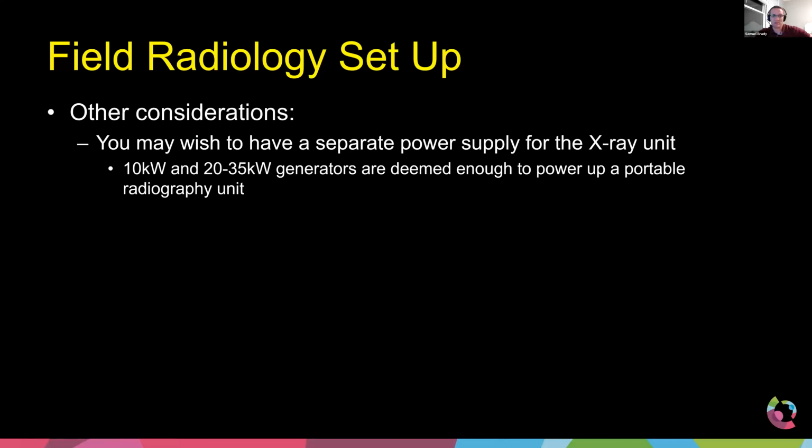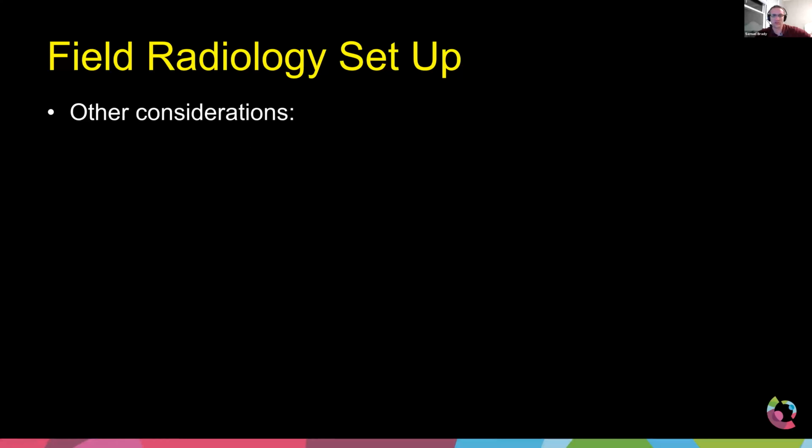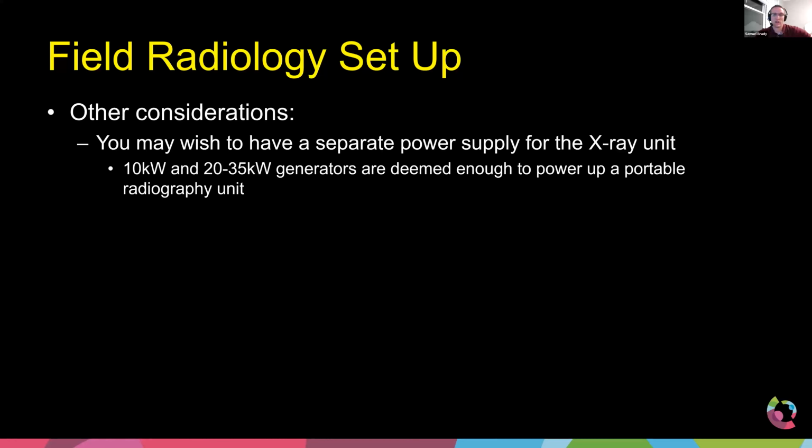Okay, let's go back to my slide. There we go. So image through plastic if you're setting it up where you will be able to control your imaging environment. You may need to make sure you have a separate power supply for your portable. As people are coming and going, they have the overhead lights, they have all of the equipment, ventilators, whatever's going on in there.